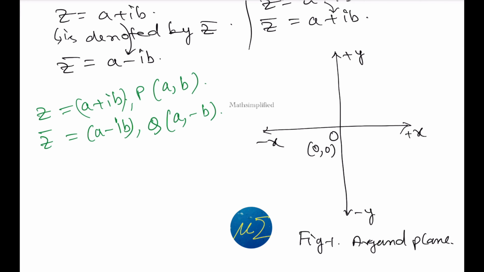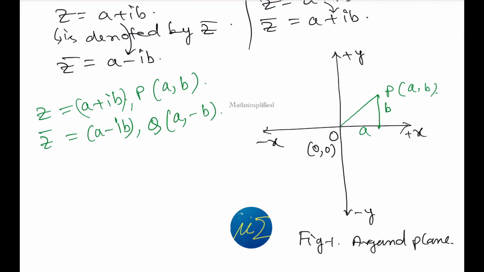Now plot these two points on this Argand plane. First I will plot point P. Along the x axis this is the distance a, and along the imaginary axis the distance b. So this is the point P whose coordinate is a comma b. After that you join this complex point to the origin with a line. This looks like a triangle. That's clear. Now I will draw its conjugate point.